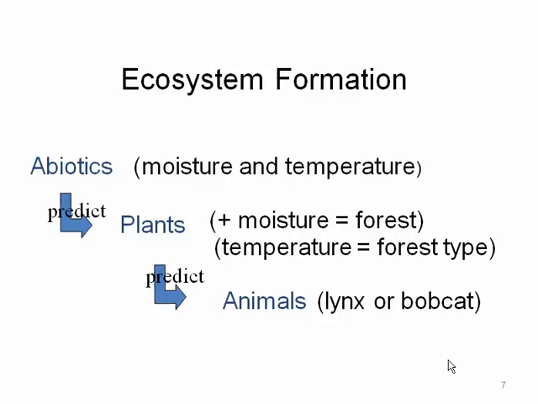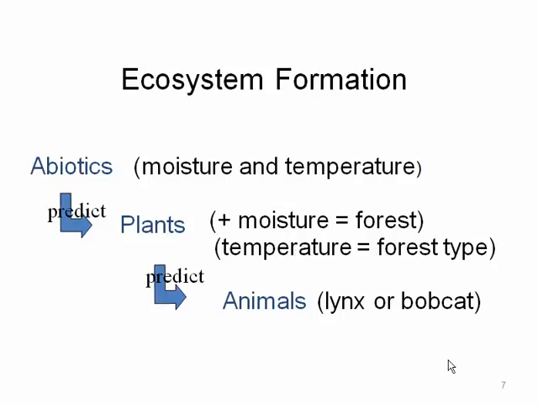In this case, if you get a particularly moist climate, then you'll get a forest as opposed to, say, a grassland or a desert. And depending on the temperature, you'll determine what type of forest it is, whether it's a conifer forest or a deciduous forest and so on. And the plant community largely predicts the animal community or the animal populations present.